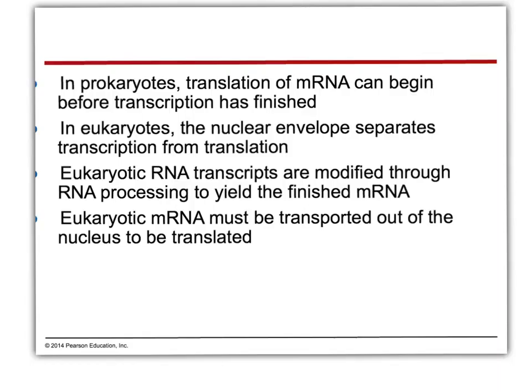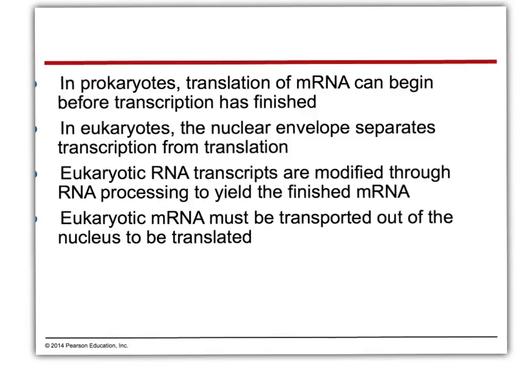So in prokaryotes, because there's no membrane-bound nucleus, transcription and translation start at the same time. Okay? But because of the separation in eukaryotic cells, there's a breakage. The mRNA is produced first and then travels out of the nucleus to where the ribosomes are. And then translation starts. So there's a break in the pattern, in the sequence. All right?